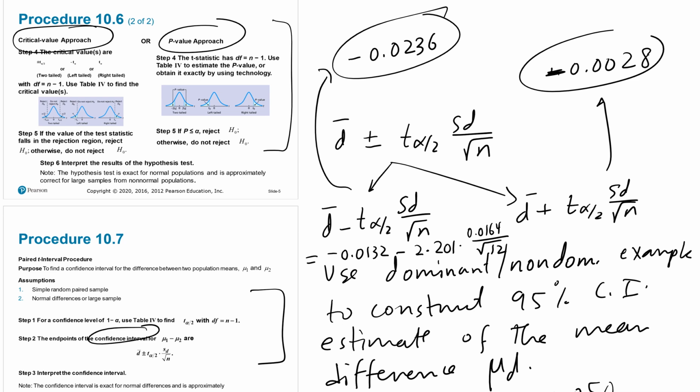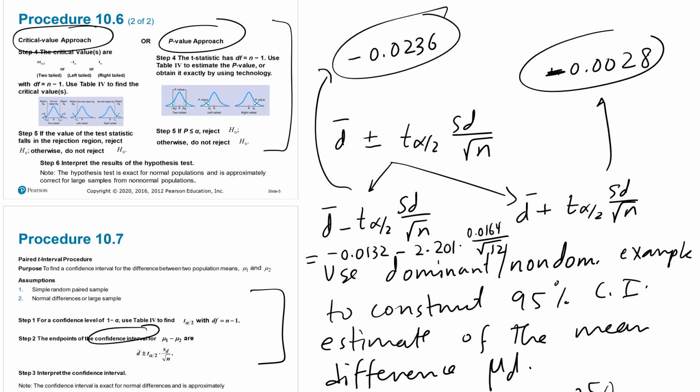To do so, we need to state the hypotheses, then find the t-statistic value t sub 0, and then there are two approaches: either the critical region or the p-value. Either one is fine. If t0 falls in the critical region, then we reject the null hypothesis. If not, we don't reject it.